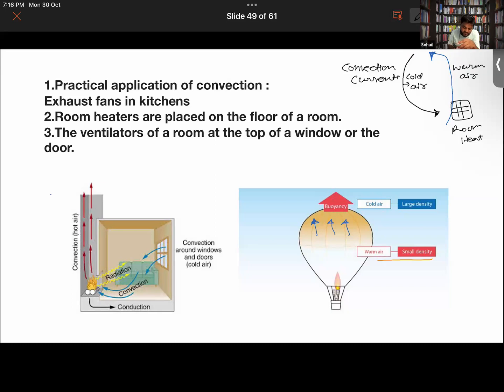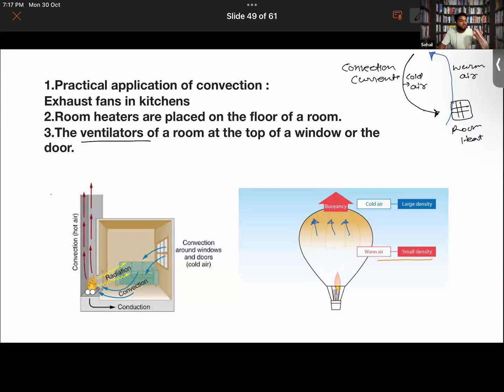Then you have examples of ventilators also. Why do we place ventilators at the top? Anyone who would like to explain that? Why is it that ventilators should be placed at the top of a window, or in the top of the room basically?